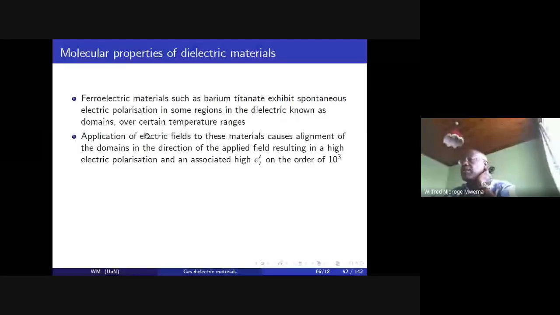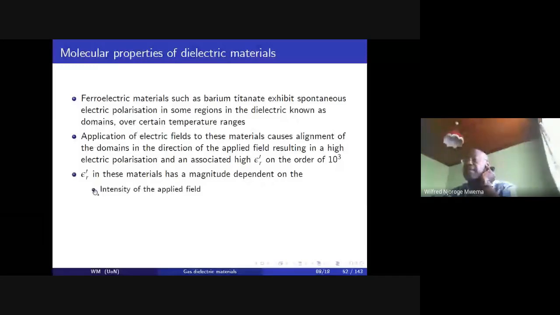So the application of electric fields to these materials will cause the alignment of domains in the direction of the applied field and will result in high electric polarization and an associated large real part of the dielectric constant, usually of the order of 1,000. So epsilon r in this material will have a magnitude that is dependent on the intensity of the applied field. That is, the materials are nonlinear.